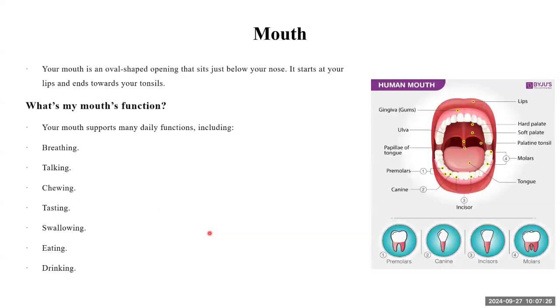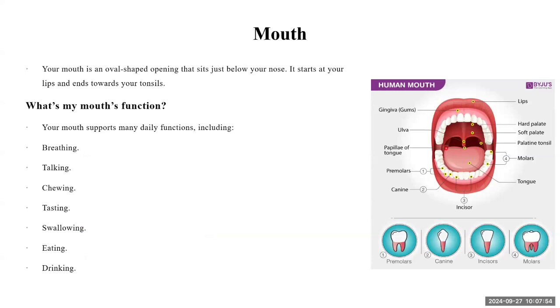So the very first part of our digestive system is the mouth. So basically, what's the mouth's function in our digestive system? The mouth supports mainly different functions, including breathing, talking, chewing, tasting, swallowing, eating, drinking. Our mouth is multifunctional depending on the different types of nerves that supply the mouth, sensory nerves basically.